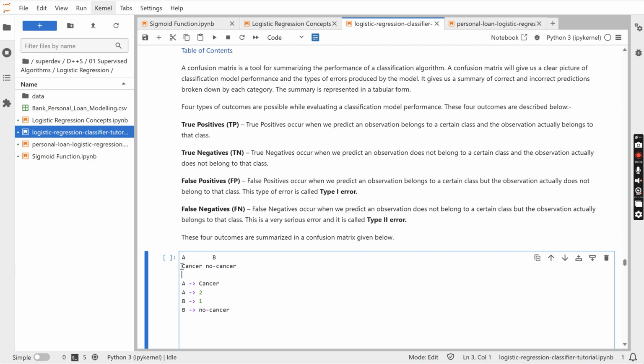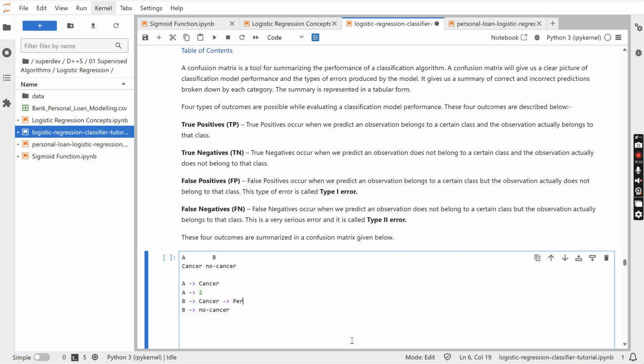No, false positive is for B. False positive means a person, B, let's say, did not have cancer, but the model said he has cancer, so it became false positive.